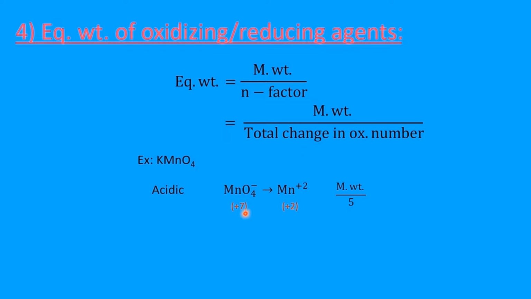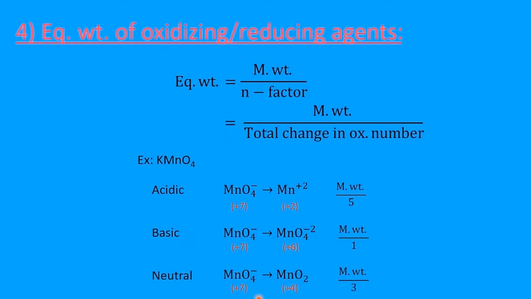Say in acidic medium, MnO4 minus, the oxidation number is plus 7, and it changes to plus 2. What is the change? 5, so divide by 5. In the case of basic medium, plus 7 changes into plus 6. This is the change in oxidation number. So what is the change? 1, so divide by 1. In the case of neutral medium, plus 3 is the change.